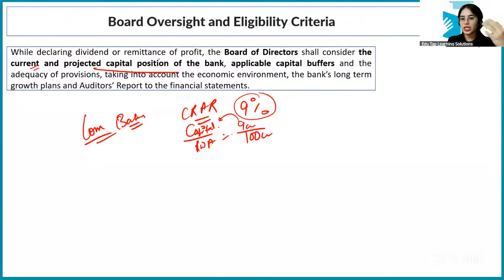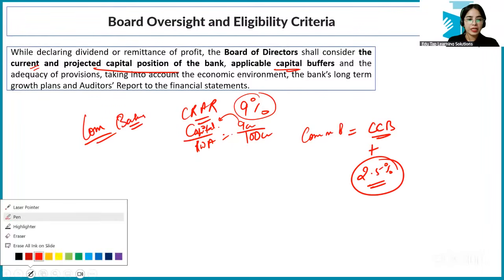Projected capital position, that means for the future also, the bank should have enough funds available that the bank is able to maintain the CRAR in the future also. Applicable capital buffers. Now the commercial banks also have to maintain the capital conservation buffer, that is additional buffers of 2.5%.